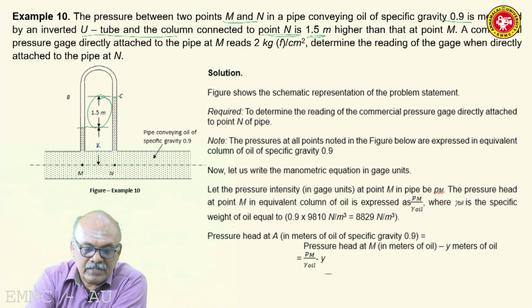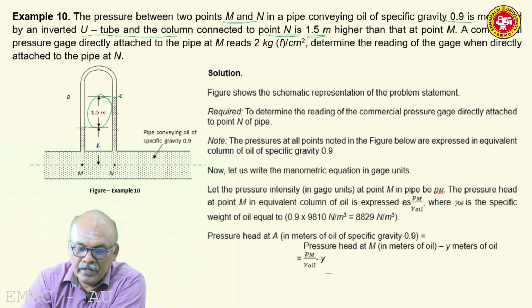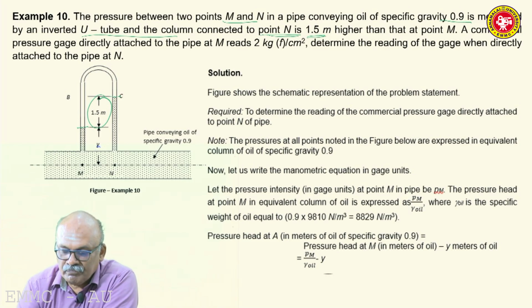A commercial pressure gauge directly attached to the point at M reads 2 kgf per centimeter square. Determine the reading of the gauge when directly attached to the pipe at N.